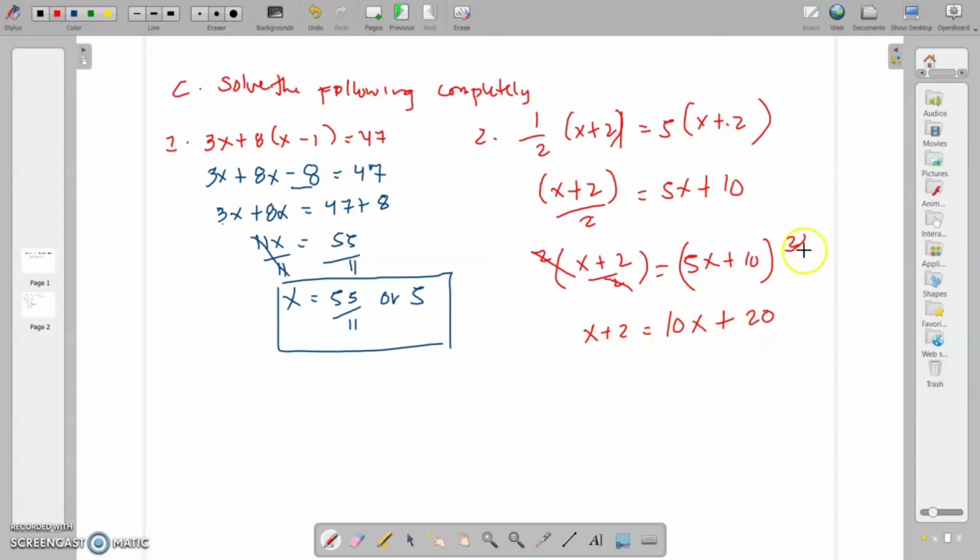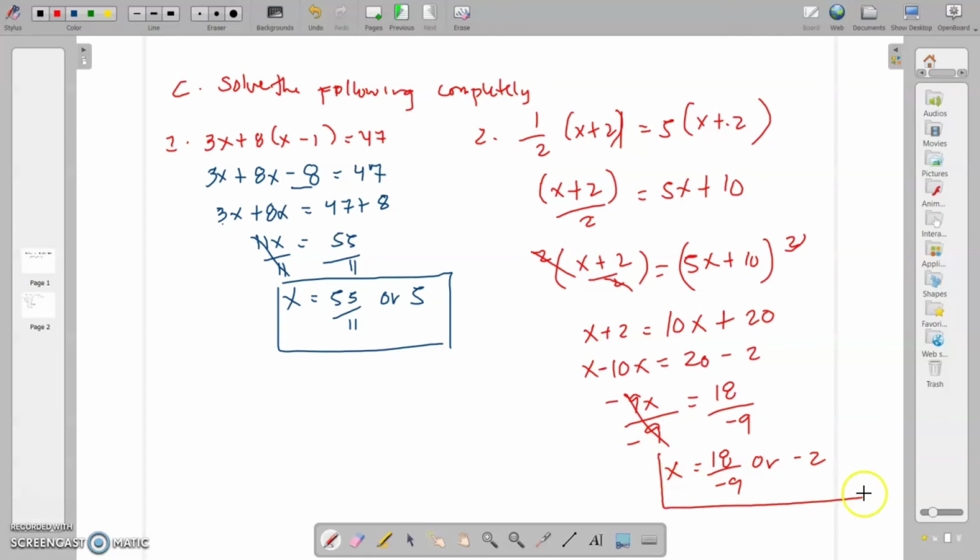Then combining like terms, x minus 10x, transpose 2 maging negative, 20 minus 2. So negative 9x over negative 9 equals 18 over negative 9. So cancel out, 18 over negative 9 or negative 2. So that is the answer in number 2.